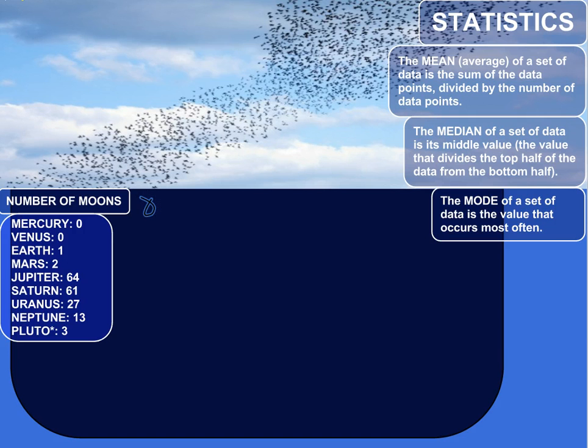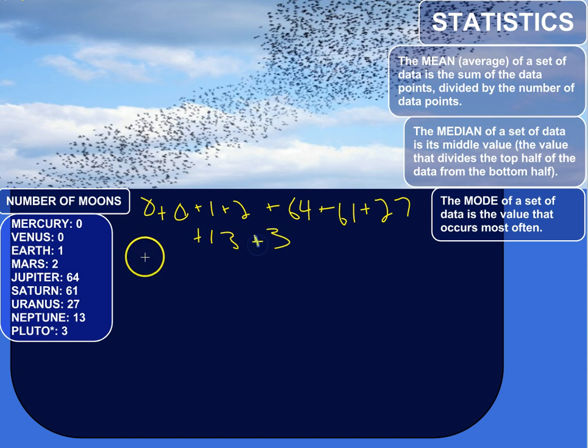So we've got 0 plus 0 plus 1 plus 2 plus 64 plus 61 plus 27 plus 13 plus 3. Then we divide by the number of data points: 1, 2, 3, 4, 5, 6, 7, 8, 9. We're pretending that there are still 9 planets in our solar system.